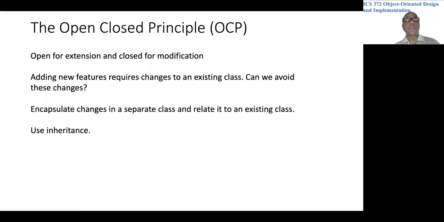Instead, modules should be extended through other mechanisms. There should be a possibility of adding new features to a module through a different mechanism. That is actually true for any type of design and programming, but it is very well facilitated in an object-oriented system.